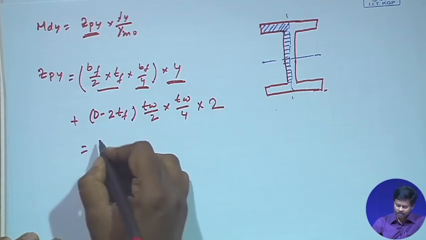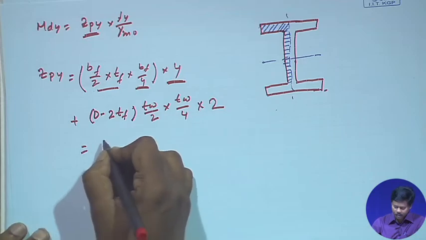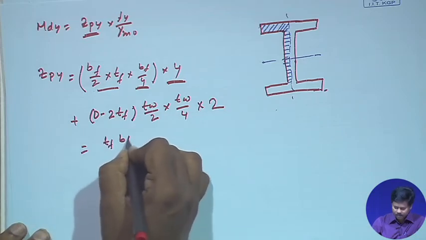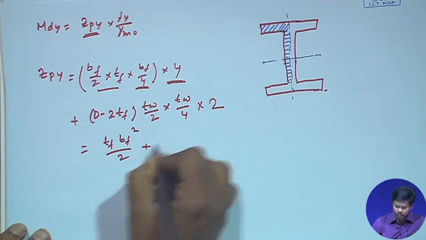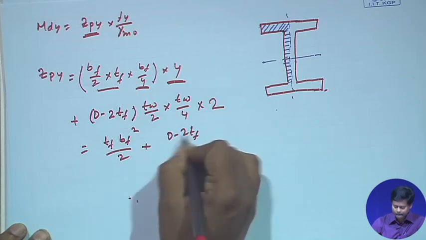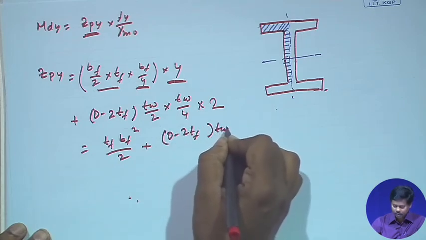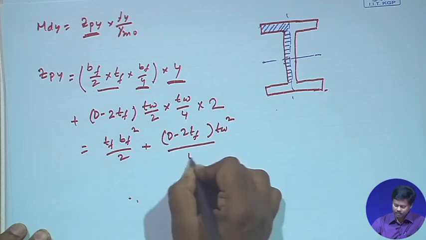So, finally, it will become Tf into Bf square by 2 plus d minus 2 Tf into Tw square by 4.